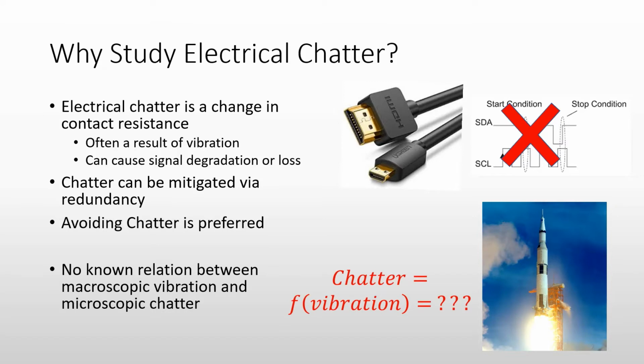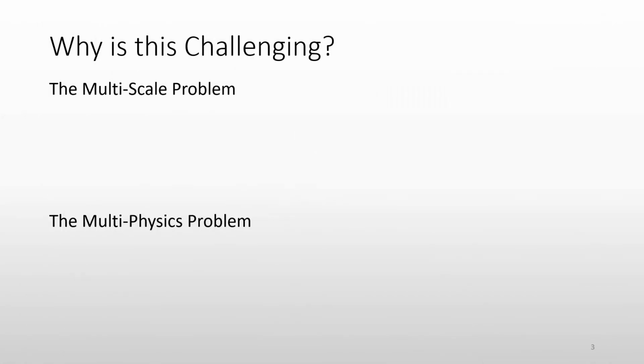And the reason this is difficult is because there's no known relationship between the macroscopic vibrations that the interconnect feels and the microscopic electrical chatter. And this is a challenging thing to model for two main reasons. One, it's multi-scale, meaning that we need to consider the interactions of the electrons for the electrical signal and millimeter-sized vibrations.